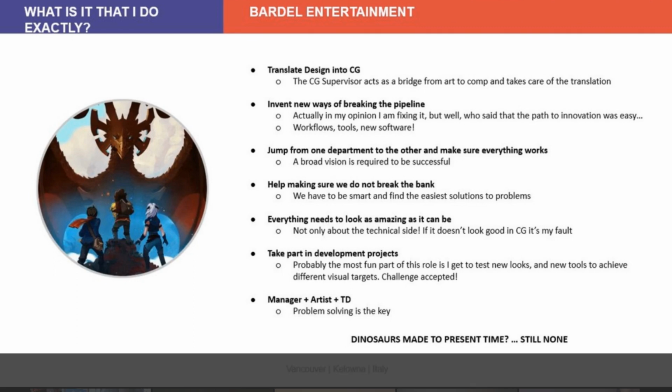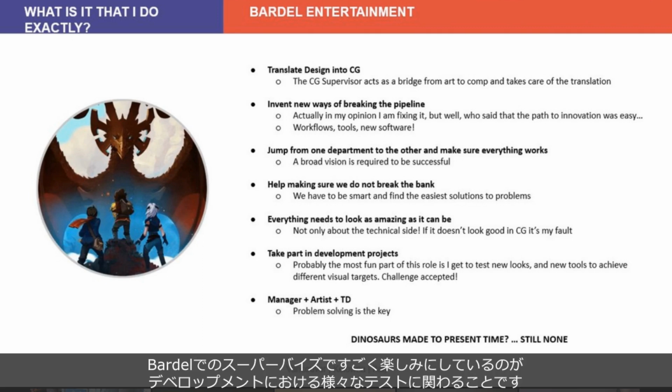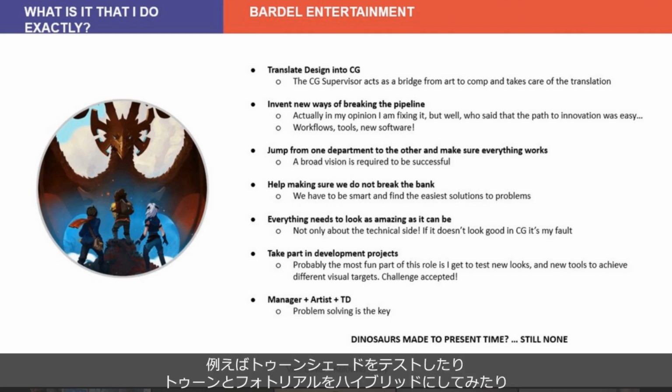In Bardell, there is a fun part of this job, which is taking part in development projects with Tina Chow, our head of development in Bardell. We have to do a lot of tests, and it's probably the most fun part of this job, because in these development tests we always get very different things to make. Is it toon shaded? Is it a hybrid between toon and photoreal, for example?